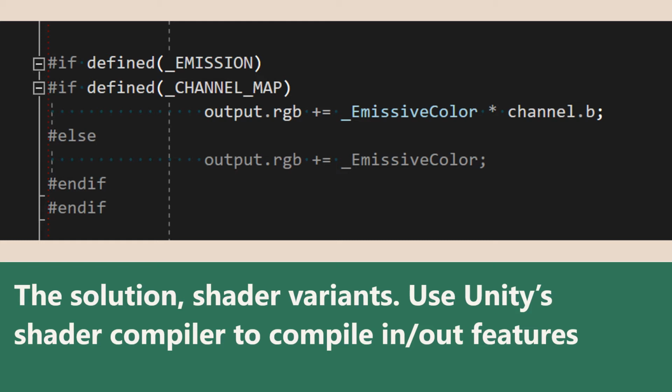If that feature is defined, we add an emissive color to our output. We can compound features together. So in the first example, if emission and channel map are defined, we add an emissive color multiplied by a scalar. Else we just add an emissive color, or else we do nothing. So in this particular scenario, we would generate 3 different shader permutations.